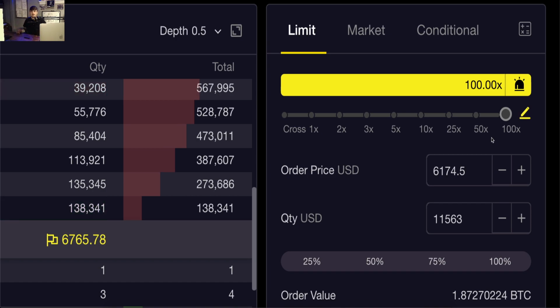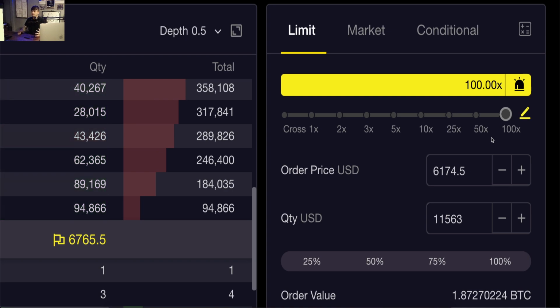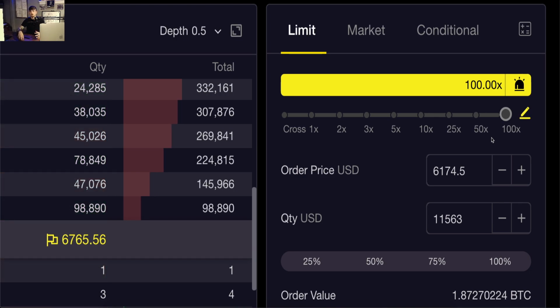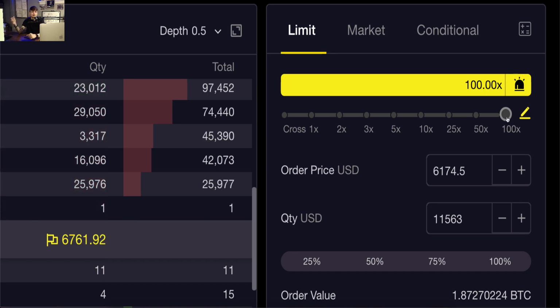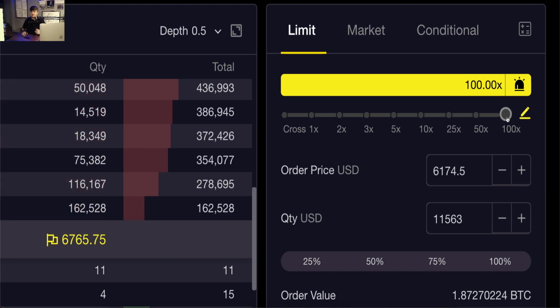And how you do the math on that, it was easier for me to explain with 100x leverage and 1 Bitcoin, because when you're using 100x leverage, every $100 that Bitcoin goes up, you're making 100%. Now there's a whole calculator for this on Google if you guys want to check it out, and I'll probably leave a link in the description to that as well, so you guys can calculate.